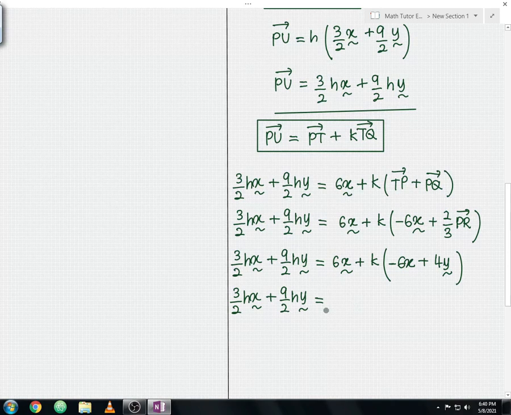Equals to 6x plus, in the bracket, negative 6kx plus 4ky.